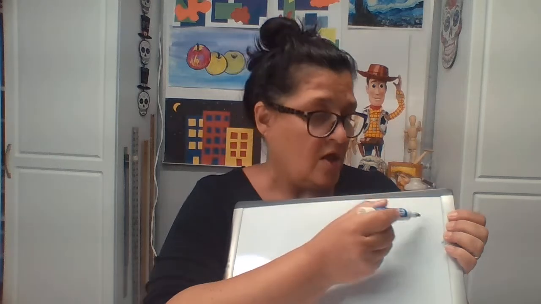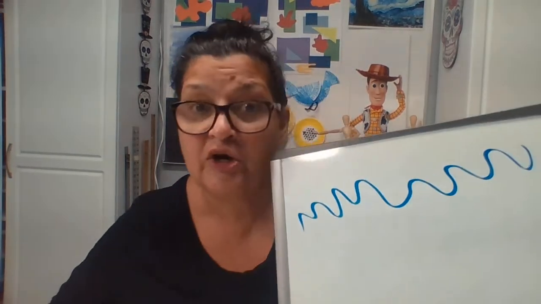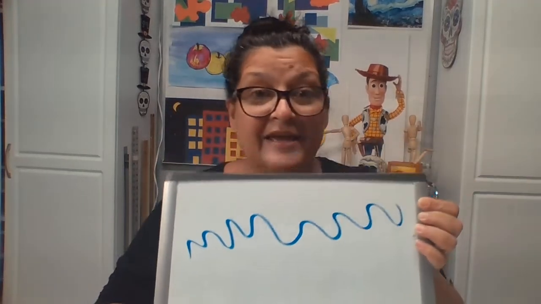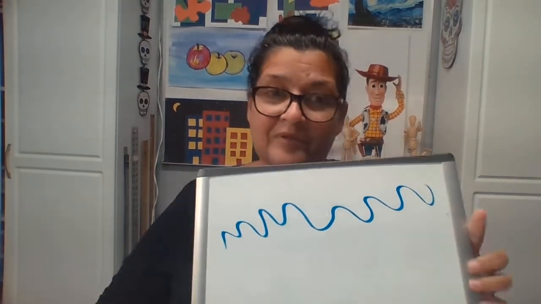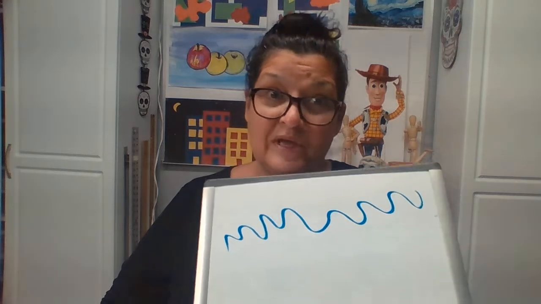What other lines can we talk about? How about we make some lines that are wiggly? Like a wiggly worm. Wiggly, curvy, wiggly lines. How do you like those? I like them. They're silly but wiggly.